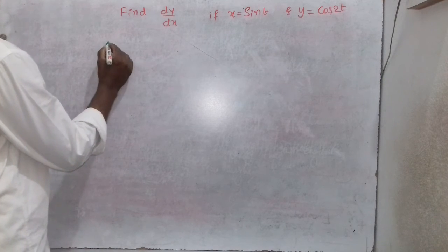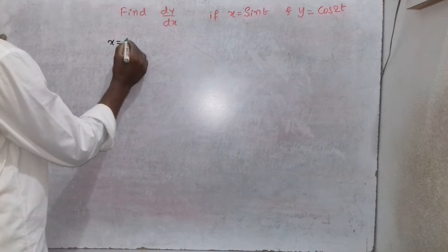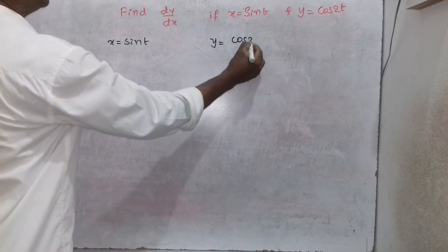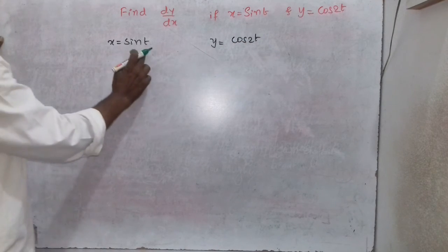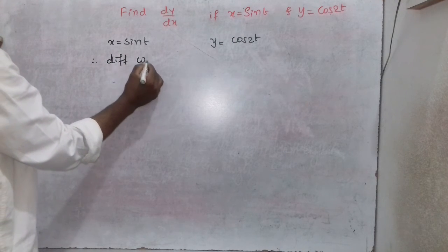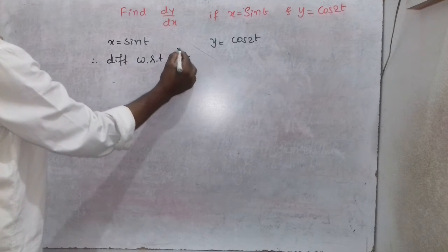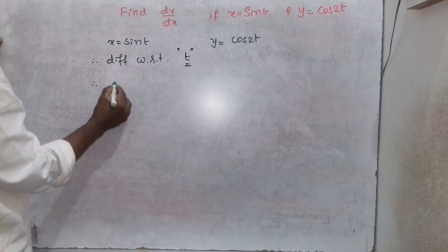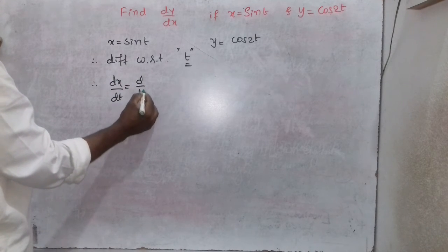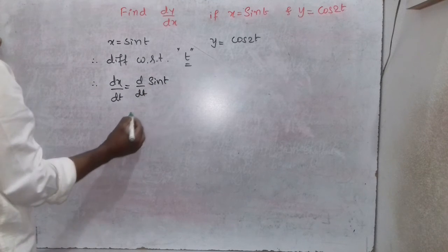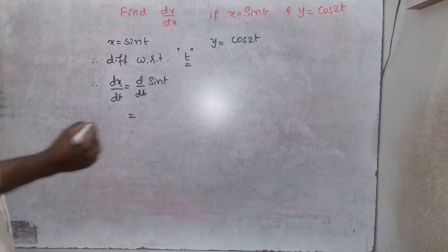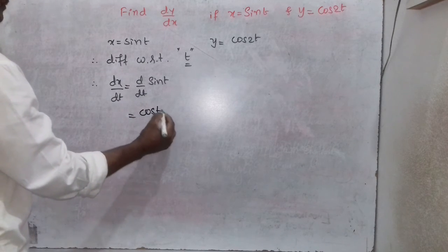So dx upon dt is d by dt of sin t. In this simple case, the derivative of sine is cos, so it is cos t.